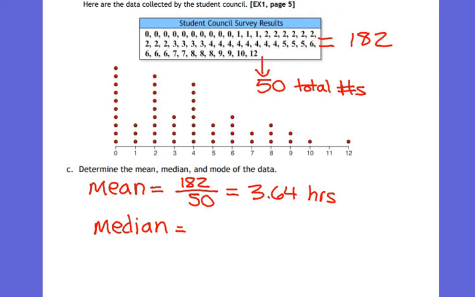Or if I need a visual, I cross them out, until I get to the middle. Gotta see what number ends up falling dead center.